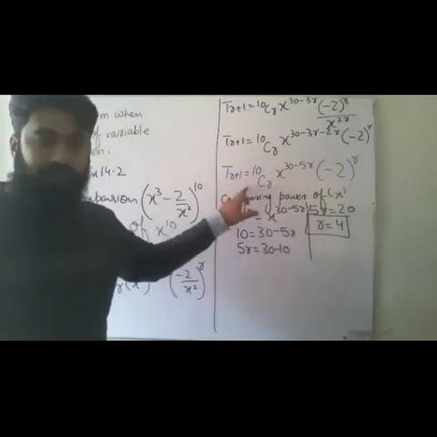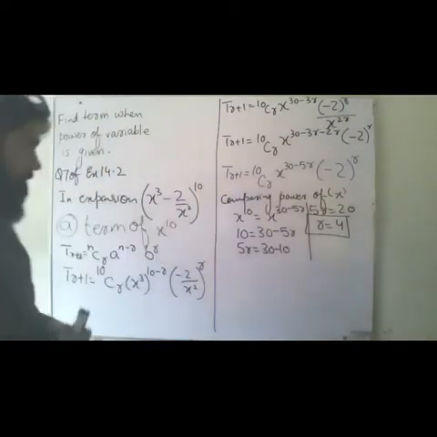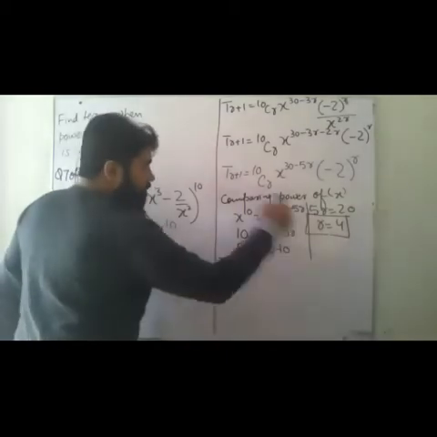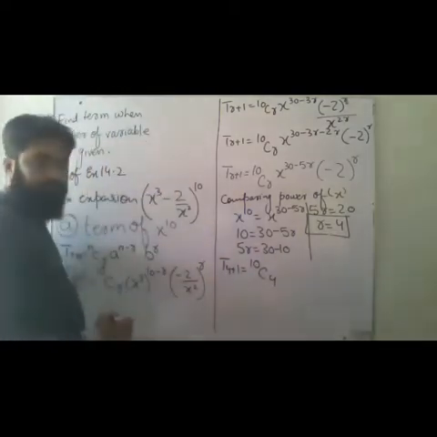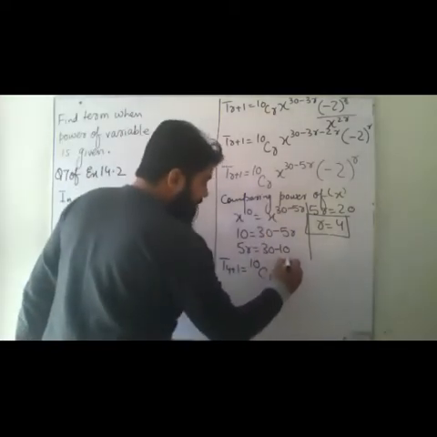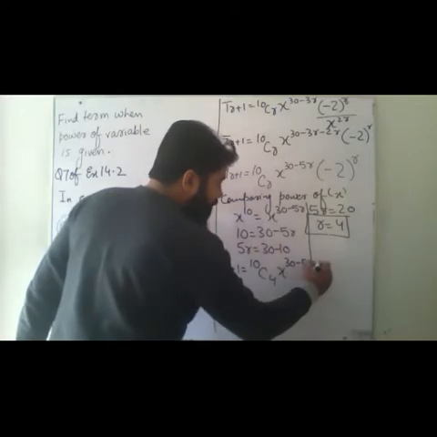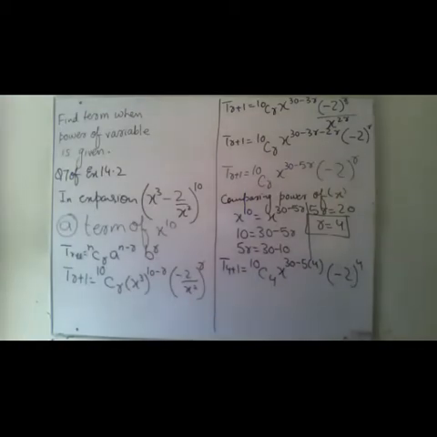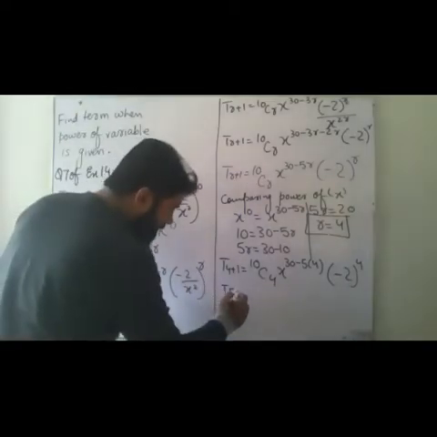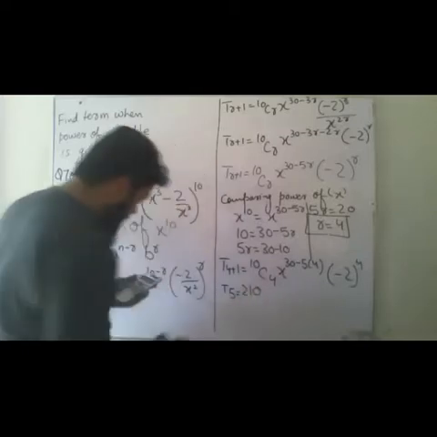Let's put this value of R over here in this whole one. T(4+1) equals 10C4 x^(30 minus 5 into 4) times (minus 2) to the power 4. Now let's check that. 10C4 will be coming 210.